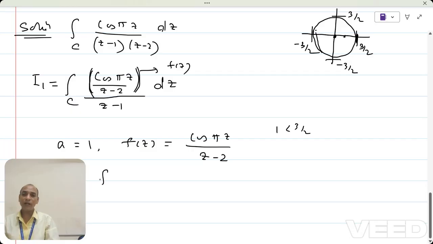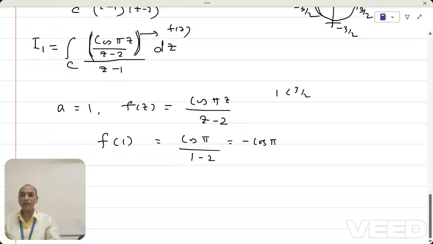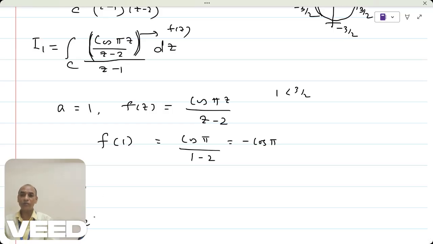So what we will do then, I will find f of 1. F of 1 will be cos pi, because z equal to 1, divided by 1 minus 2. That means minus cos pi. Now I1, the integration over C of cos pi z divided by (z minus 2) whole divided by (z minus 1) dz, will be equal to 2 pi i into f of 1, since this point belongs to the circle.